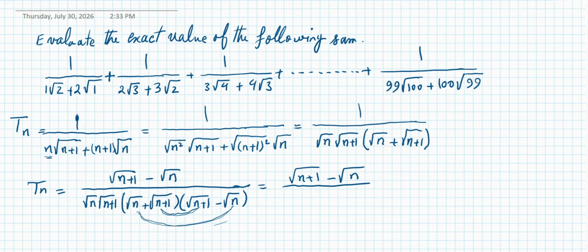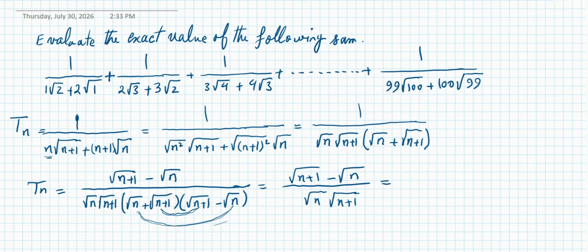So n and n cancel and we get 1. So this would be now divided by the square root of n plus 1.